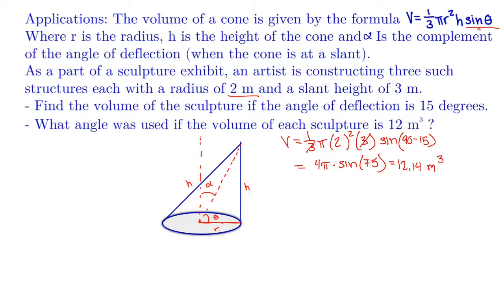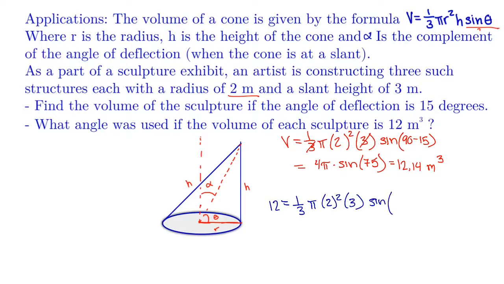Now for the second problem, we have 12 meters cubed, and we have to solve for theta, and then we're going to use that to be able to solve for alpha. All of these numbers stay the same because it's still a radius of 2 and a slant height of 3.